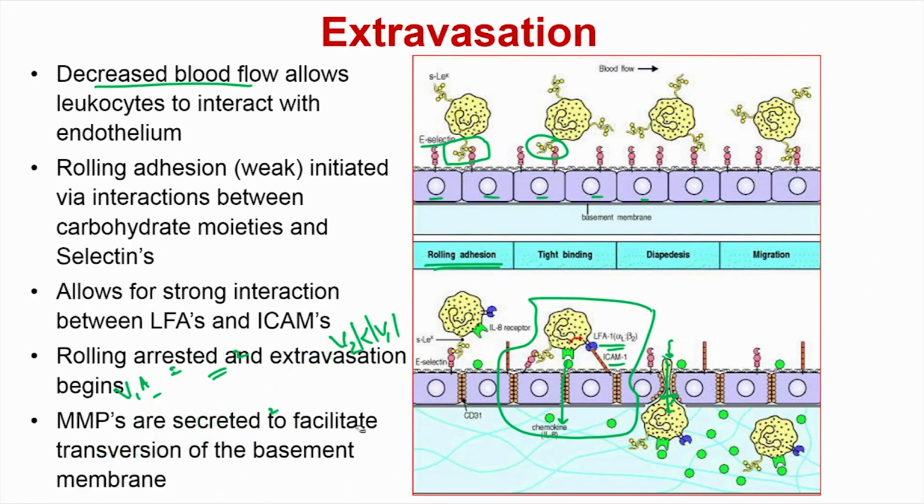MMPs are secreted to make this leakier, and the basement membrane, which is the membrane holding these endothelial cells, starts to degrade and becomes permeable.